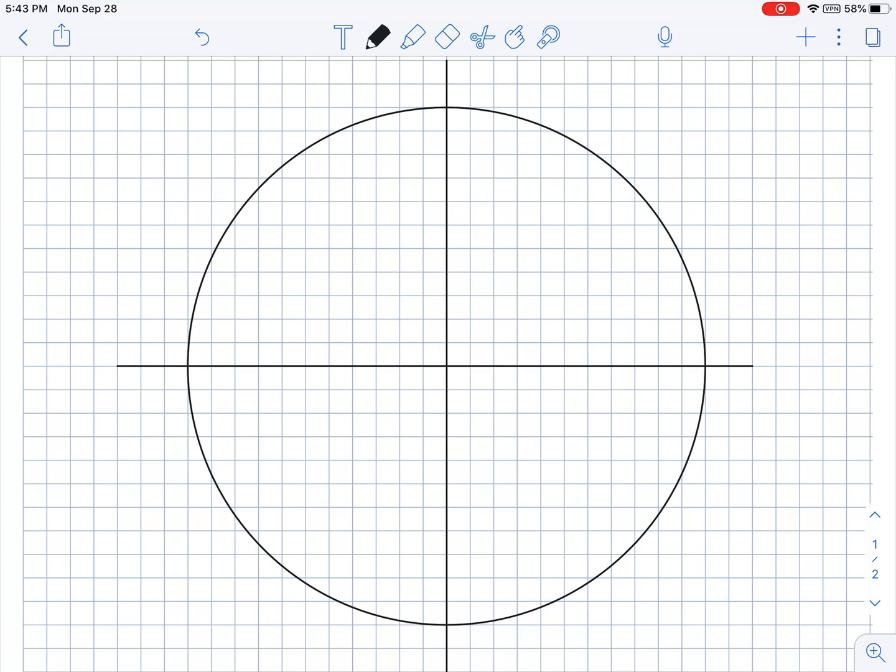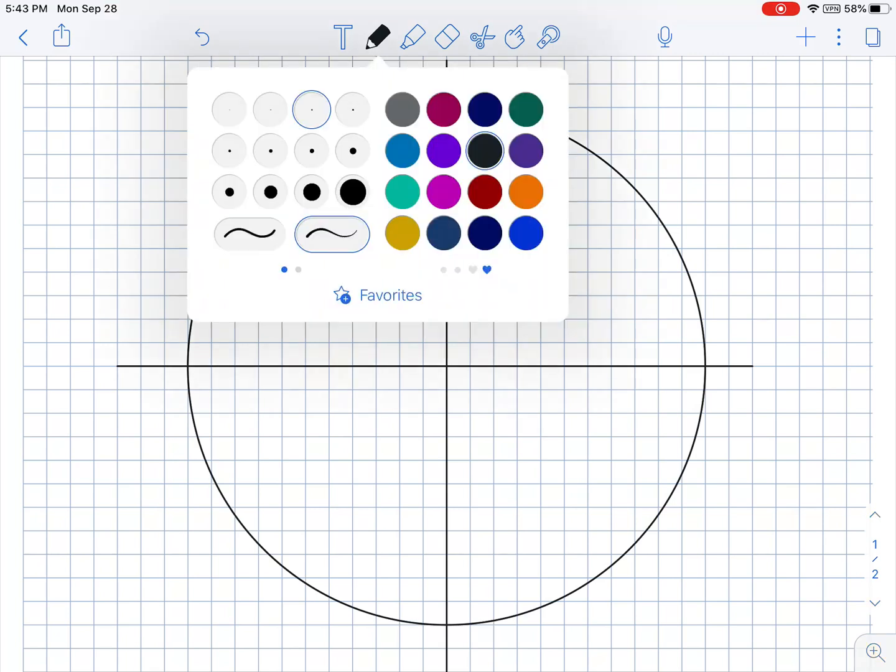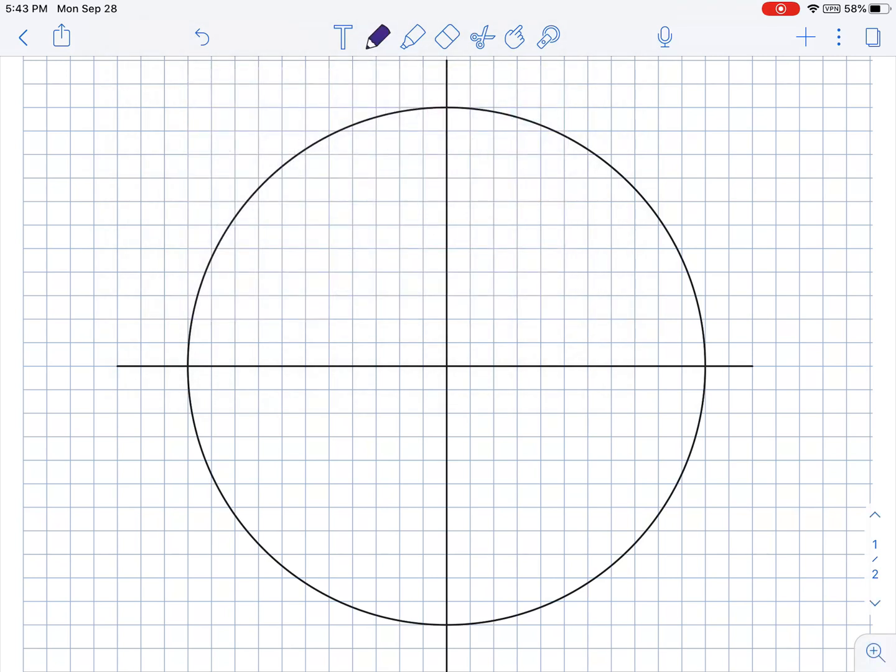So it first tells you, or we ask you, to draw a circle and to put some axes on it. And you can see I've already got that drawn here. I prepped that. So I want to start by just reminding ourselves that this is going to be considered the initial side.